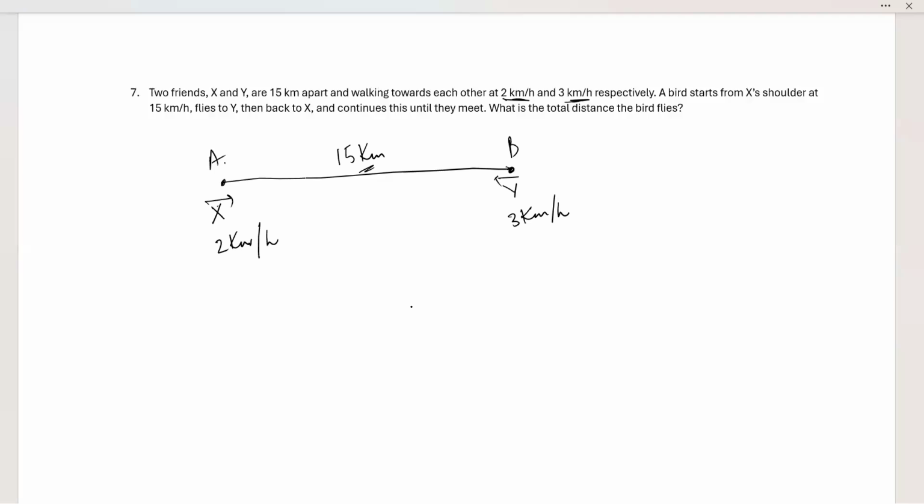Okay. Now a bird starts from X's shoulder. इसके shoulder पे एक bird बैठी है, तो वो यहाँ से उड़ के it goes and starts flying towards Y, and then comes back and forth ऐसे करती रहती है. The speed at which the bird travels is 15 kilometers per hour.